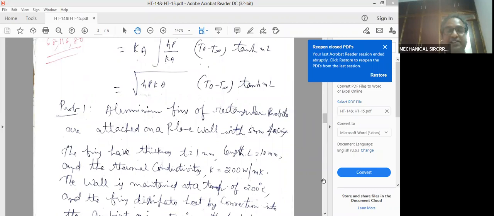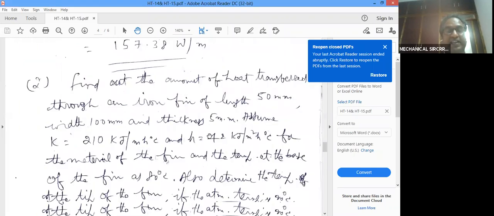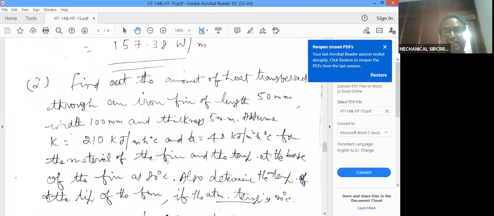The question is that insulated fin is not mentioned in the problem. That's why, in heat transfer you have to analyze the given problem and given data carefully. Observe the length of the fin and the thickness. If it is not mentioned clearly, you have to assume it is an insulated fin.